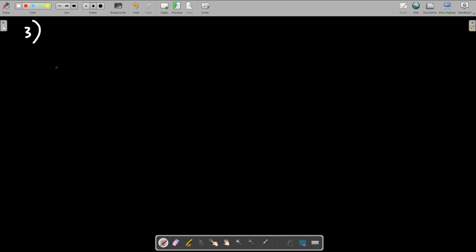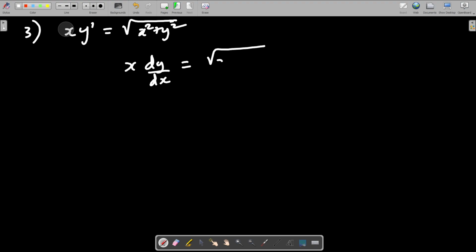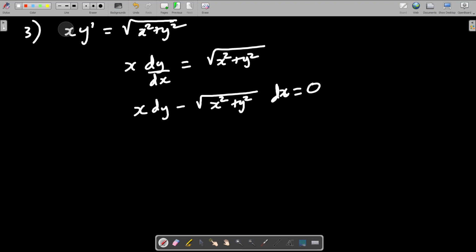Yeah, problem 3 over here. So this will become x y prime is equal to root over x square plus y square. So writing this in that form, x dy by dx is equal to root over x square plus y square. So this can be written as x dy minus root over x square plus y square dx equals 0.